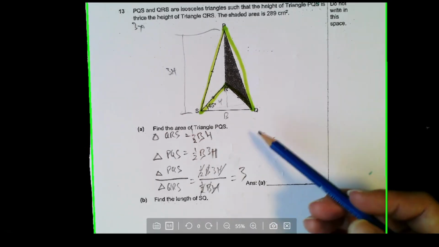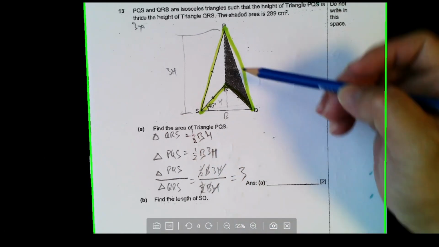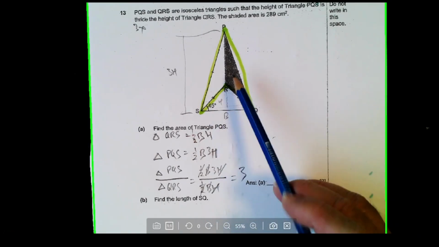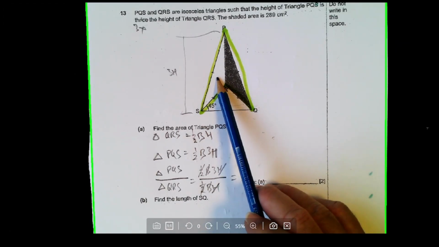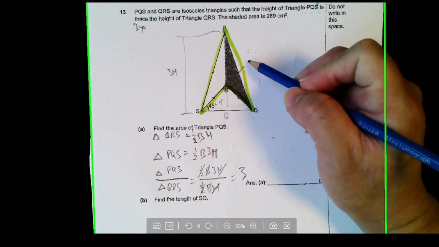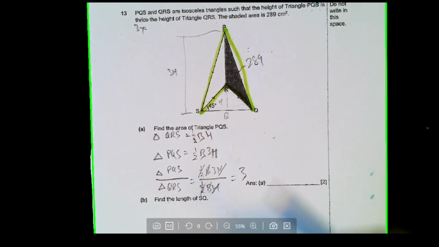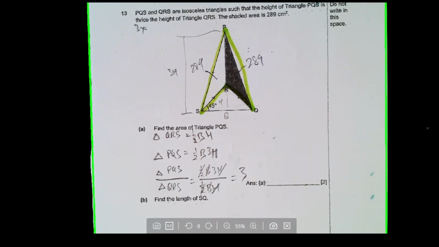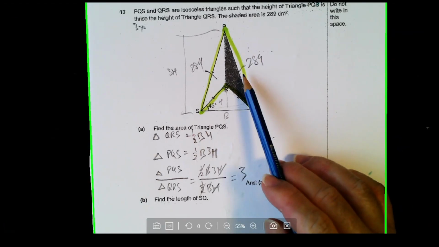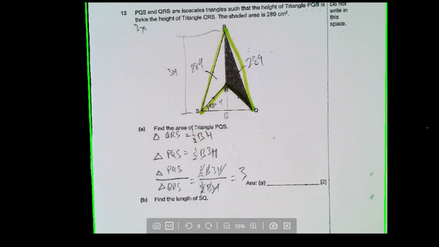Okay? And it just so happens that it's an isosceles triangle, so this is exactly the same as this. The question tells you this is 289, so this must be 289 as well.